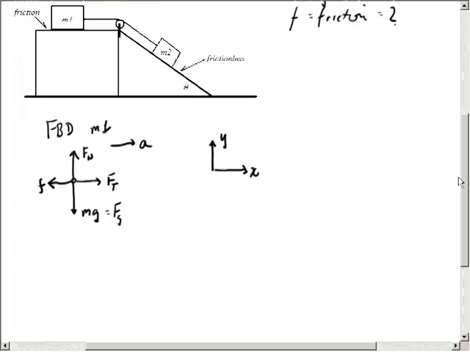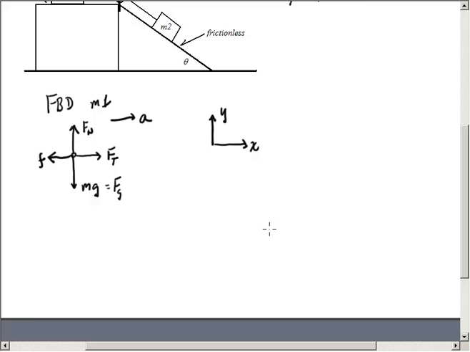Now write down the component equations for Newton's second law for mass 1. Pause the video, take a few minutes and do it, and then resume the video. Alright, so the component equations, we have the sum of forces in the x direction will be equal to the force of tension minus the force of friction will be equal to mass 1 times the acceleration.